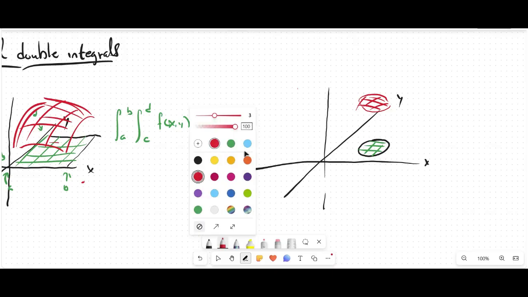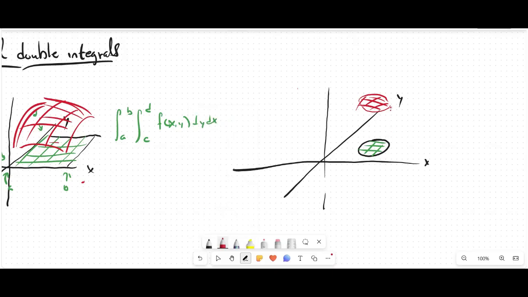Well, you can still interpret the integral as the volume over the domain that lies under the graph of your function, right? That's still a clear geometric meaning. And so the only question is, how can we set up some mathematical expressions to evaluate that?